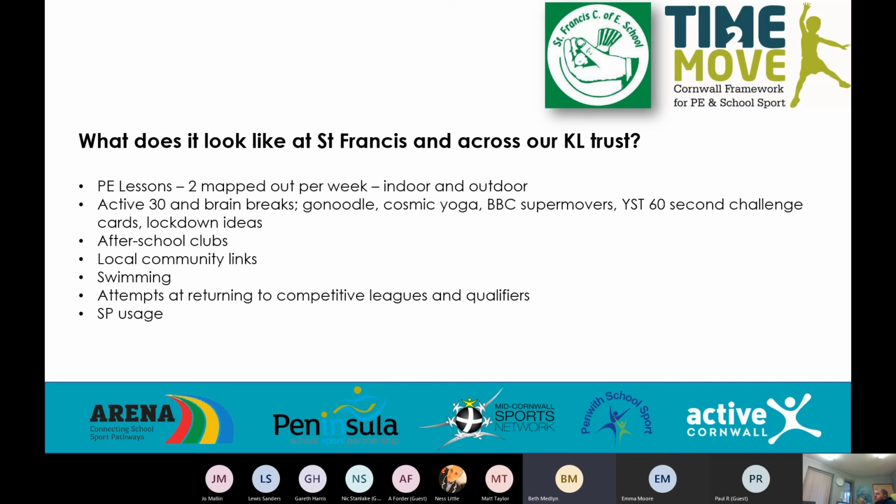Obviously, children's hands are washed before and after lessons, and with the EYFS PE lessons, we have kept it solely, especially this term, to focusing on the ABCs, so that hopefully we are not entrusting our 5-year-olds with lots of equipment which they're not going to understand that they need to not share.